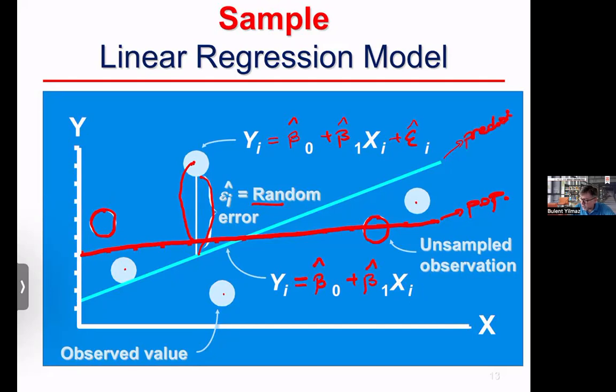This red one is the population relationship, and the population relationship is maybe different from what I'm trying to find out. Okay, the sample might be different from the population, but I will do all my observations, all my modeling based on my samples.